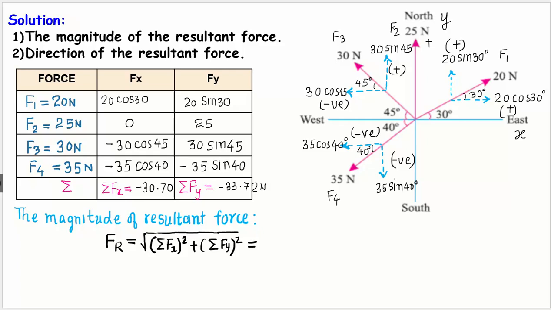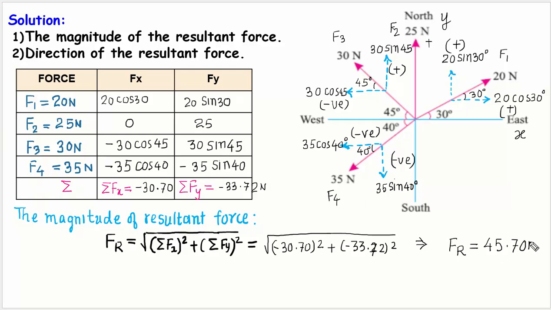If you substitute them, you get the square root of (minus 30.70) squared plus (minus 33.72) squared, and if you solve this, you will get the resultant force as 45.70 newtons. So friends, this is how we have got the magnitude of the resultant of the given system of forces.